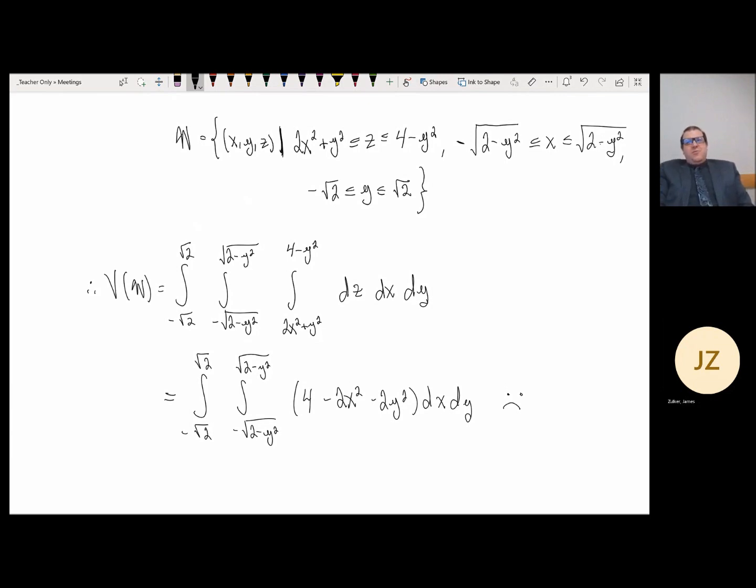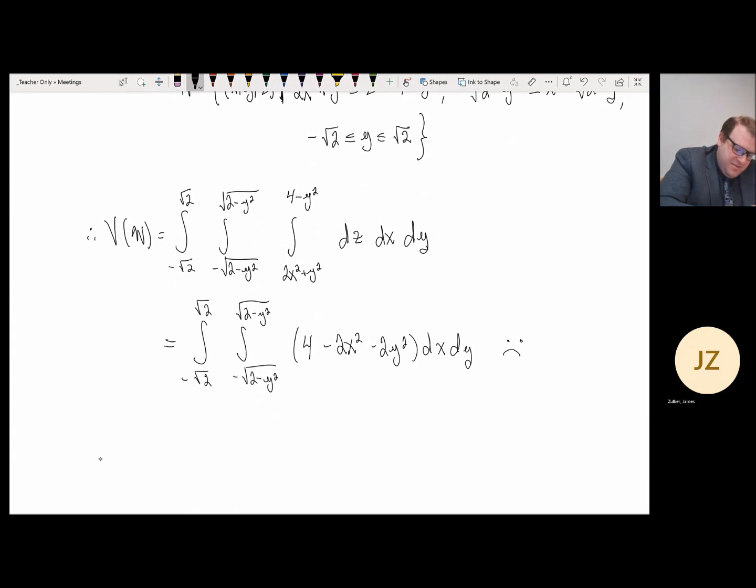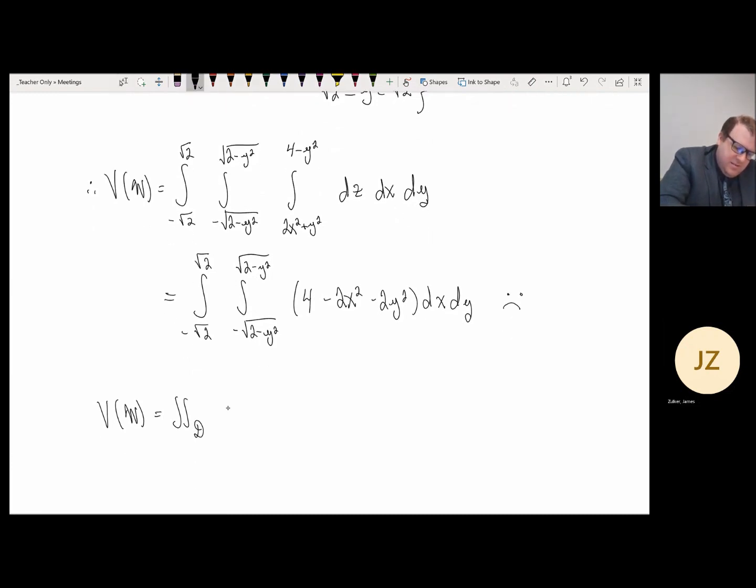There is another way of representing triple integrals, and that's as an iterated integral, a double integral iterated with a single integral.